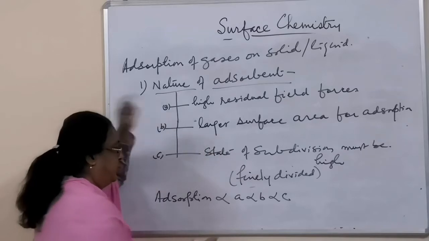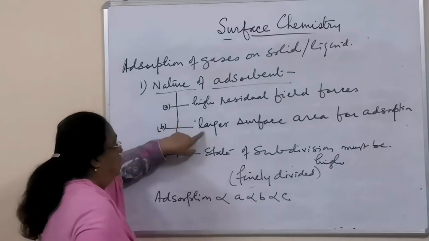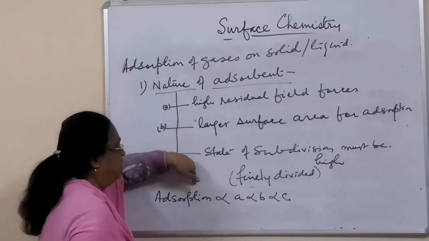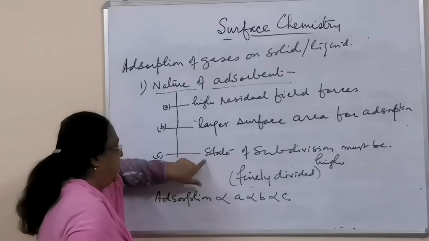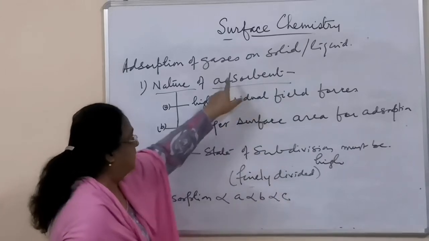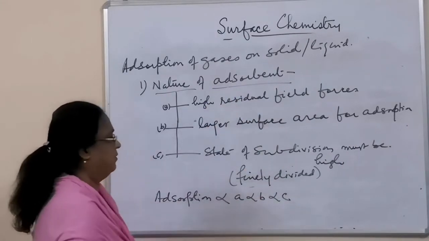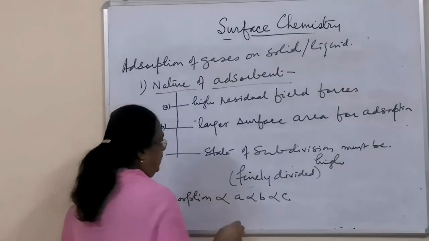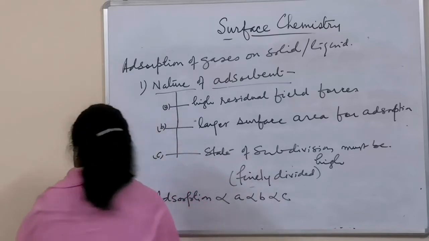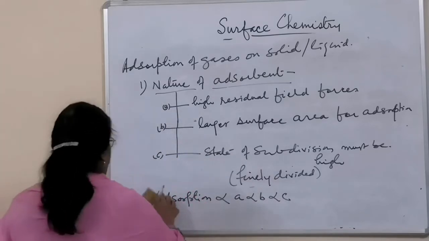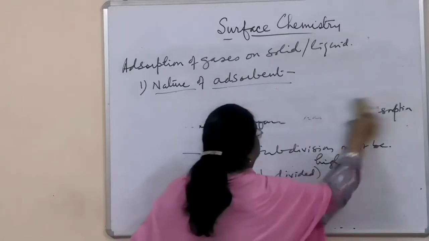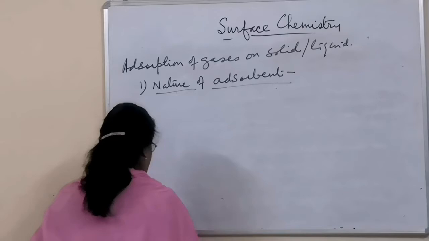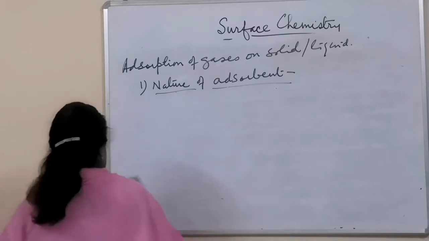And if the surface area of the adsorbent is more, then adsorption will be more. And if the adsorbent has very small particles, not a big lump, then also adsorption will increase. So this was the first factor on which adsorption will depend.